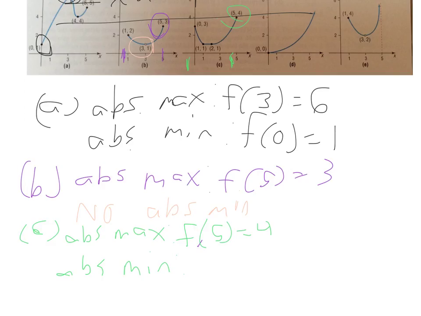The absolute minimum, alright, if you notice, it's constant here from 1 to 2. That's the lowest y value, which is 1. It's 1 on the closed interval from 1 to 2, meaning every x value on that interval takes on the minimum value of 1.